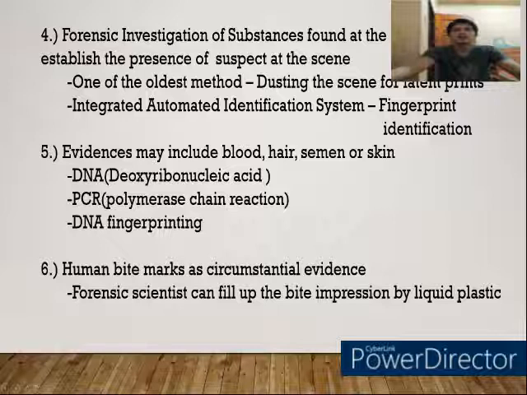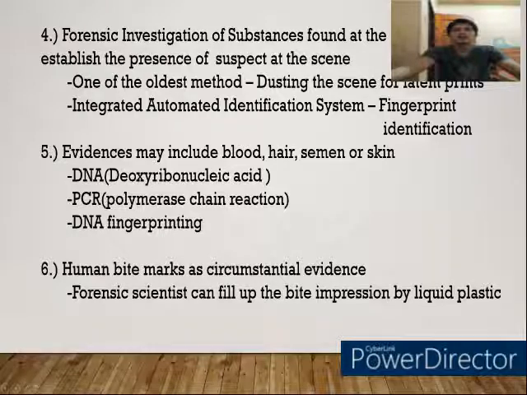Next is human bite marks as circumstantial evidence. Scientists can fill up the bite impression with liquid plastic. Forensic odontologists are the ones that help to identify bite impressions.